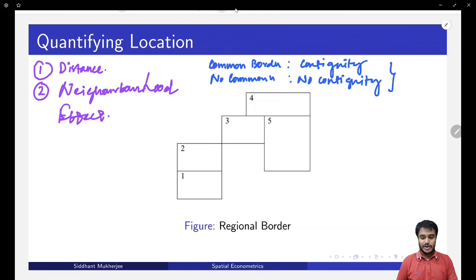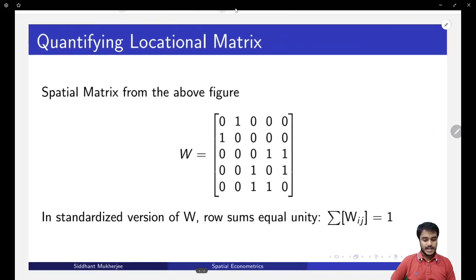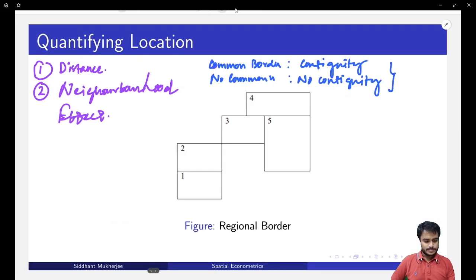Okay, so the contiguity relation is expressed in terms of a spatial matrix. If we create the regional matrix term by term, we can form a regional matrix like this. Let's see it with the relationships of contiguity.